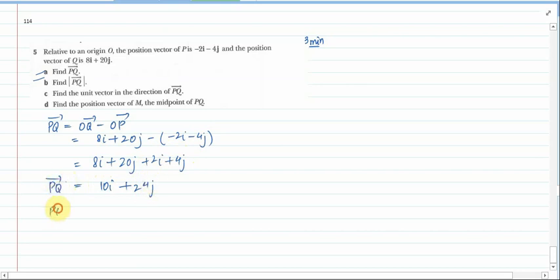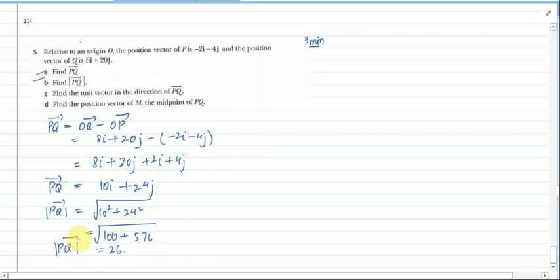To find the magnitude of PQ, you need to take the square of the x and y values and then take the root of it. 10 square is 100 and 24 square is 576. So 100 plus 576 is 676, and the root is 26. That is the magnitude of PQ.